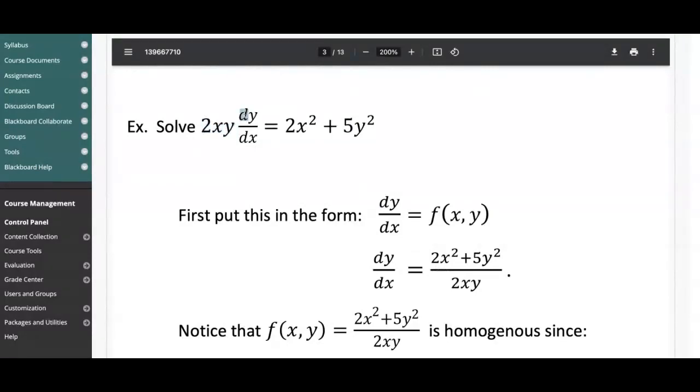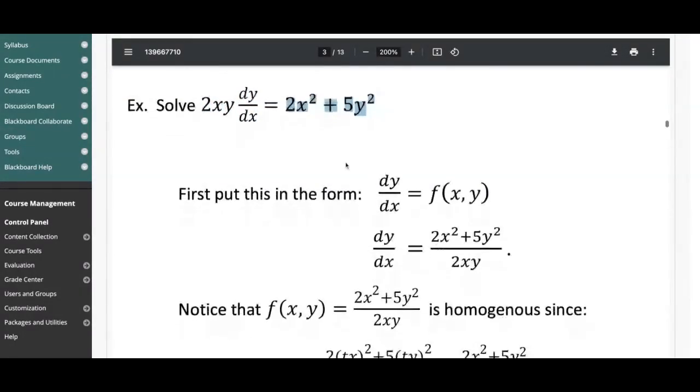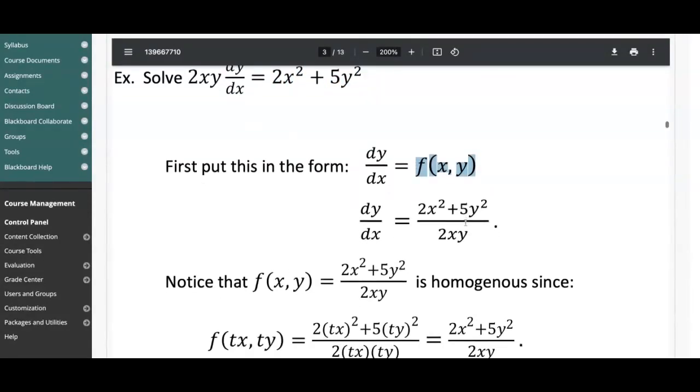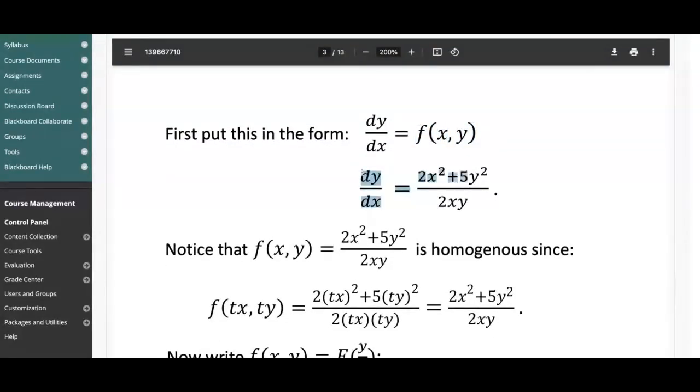We have 2xy dy/dx equals 2x squared plus 5y squared. Let's divide by 2xy on both sides. So dy/dx equals (2x squared plus 5y squared) divided by 2xy, which is a function in terms of x and y.